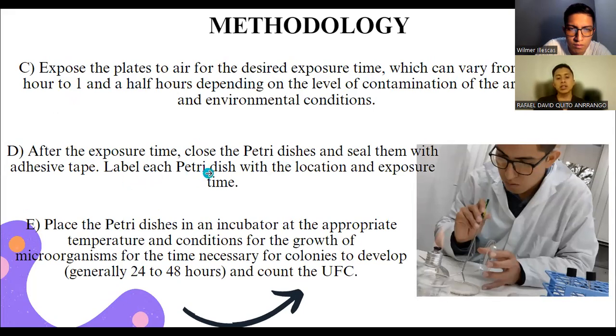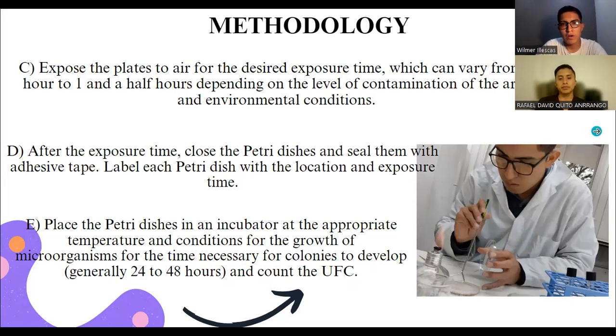Label each Petri dish with the location and exposure time. And finally, place the Petri dishes in an incubator at the appropriate temperature and conditions for the growth of microorganisms for the time necessary for colonies to develop. Generally, this growth is 24 to 48 hours, and then count the CFU.